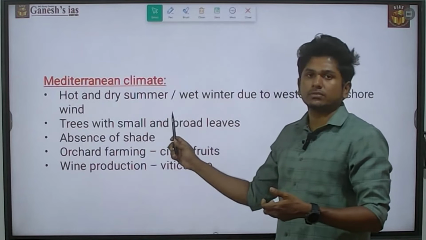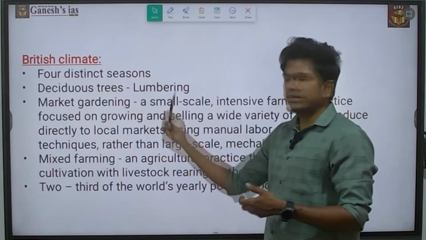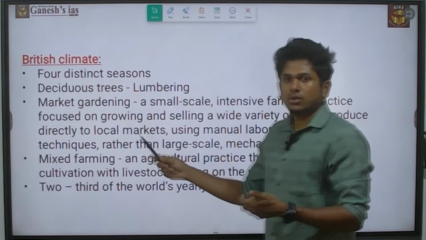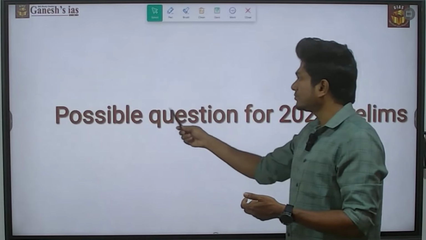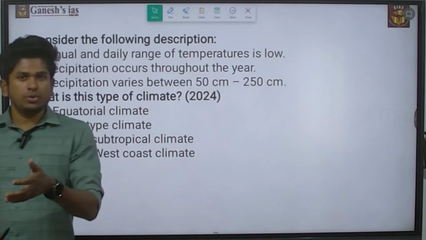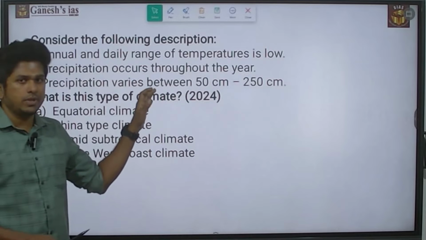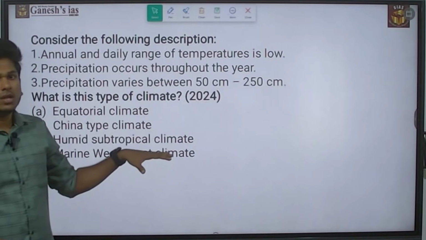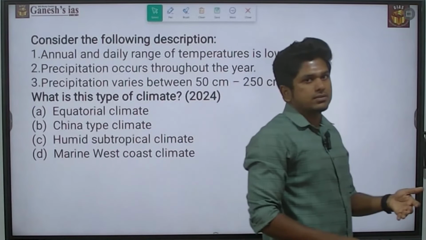When it comes to the British climate, four distinct seasons is the uniqueness. In that way, we will give you the unique features of each climate. That will be more useful for your upcoming exam, to easily crack such a question and go for the answer.